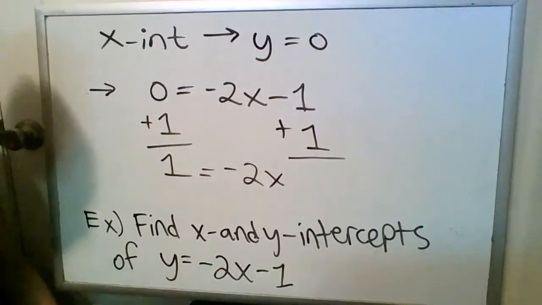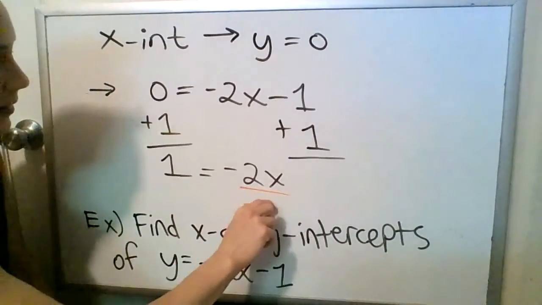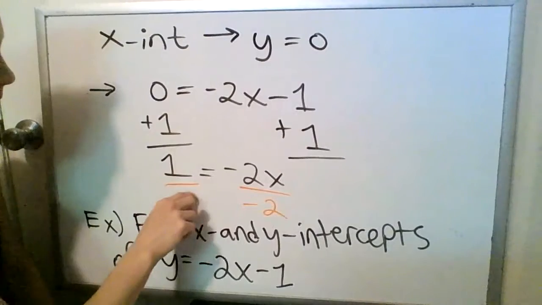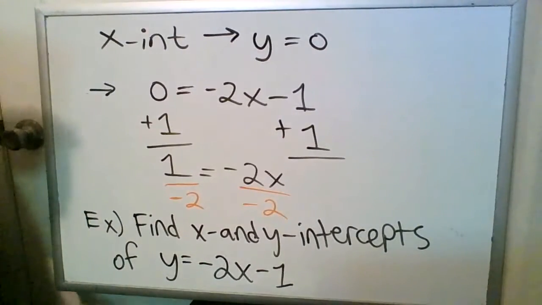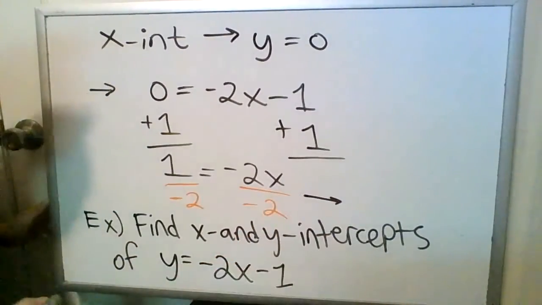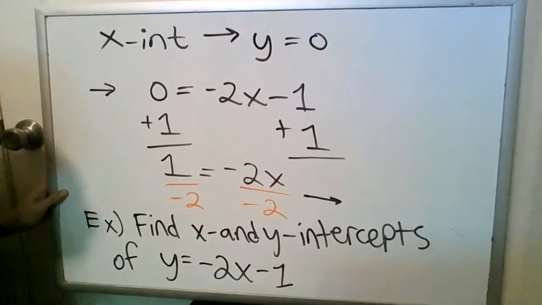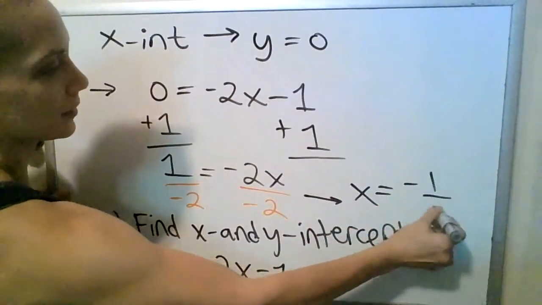And now divide each side by -2. I've got x equal to -1/2.